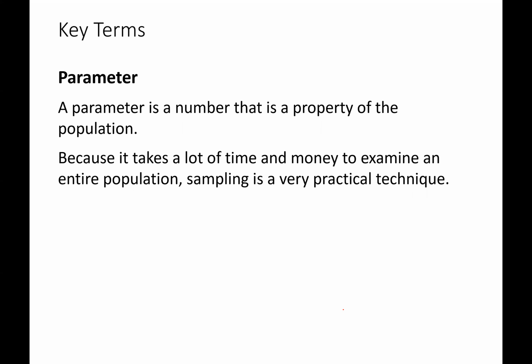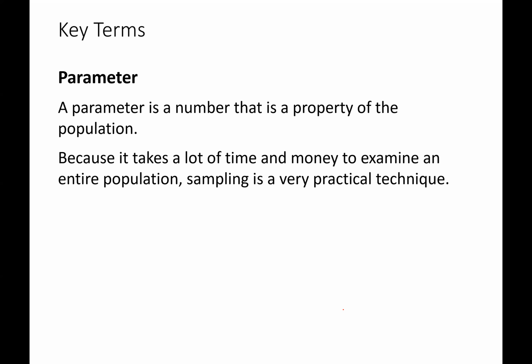Okay, now what's a parameter? P, population. So the word parameter represents something applying to a population. A parameter is a number that is a property of the population. Because it takes a lot of time and money to examine an entire population, sampling is a very practical technique.